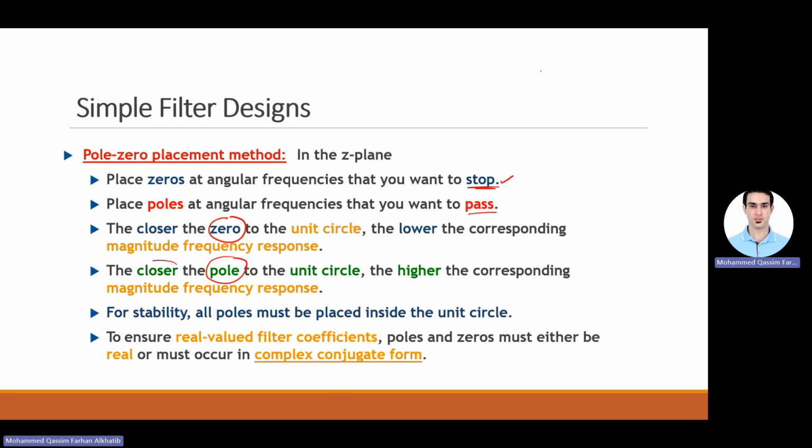Definitely for stability, all poles must be inside the unit circle. So to ensure real valued filter coefficients, and that's something we usually prefer to deal with, real valued coefficients, poles and zeros must either be real or must occur in complex conjugate form. Actually, this wouldn't happen, let's say, by default. All complex numbers we deal with, they are in the complex conjugate form.